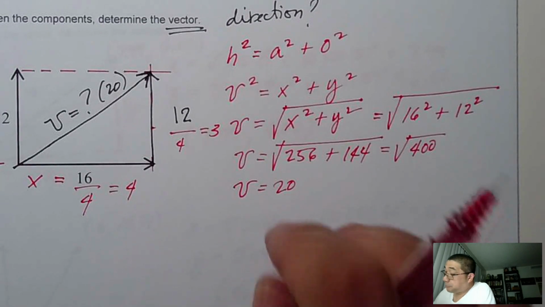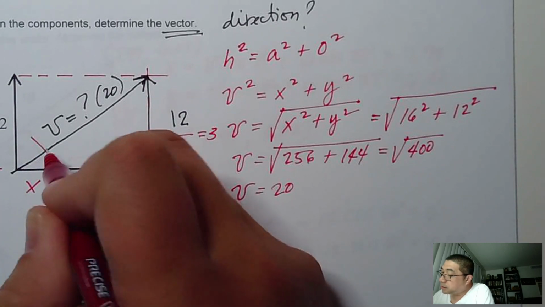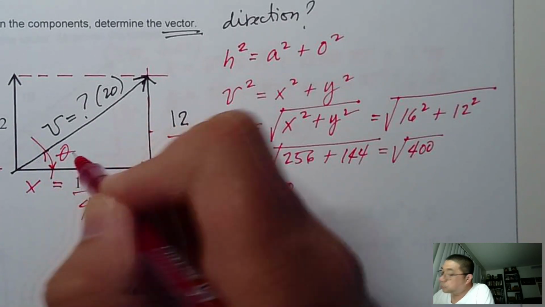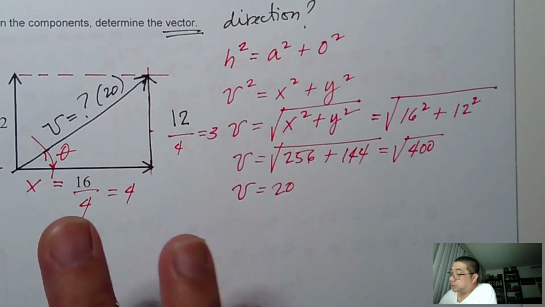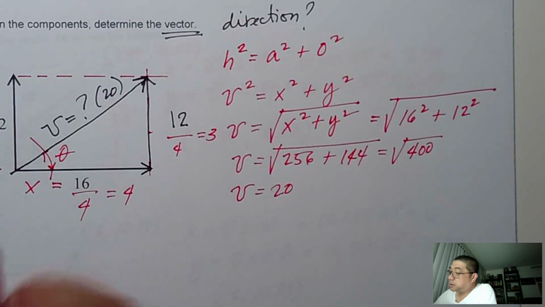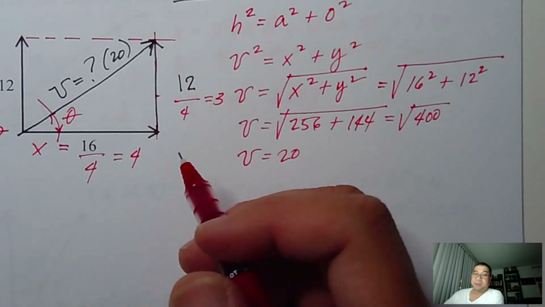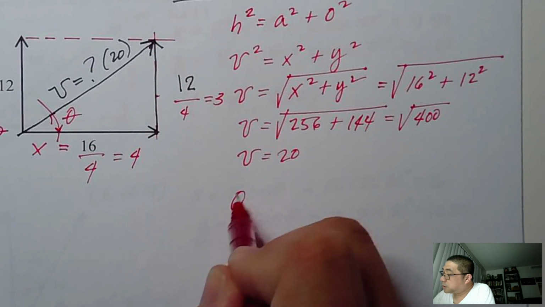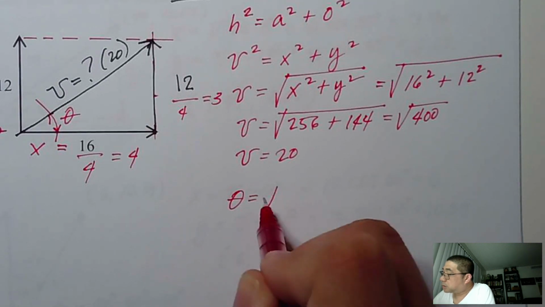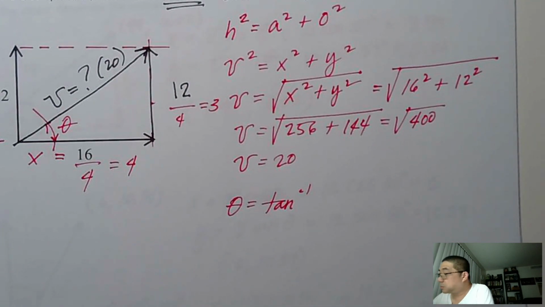5. Now, how about direction? So what is the direction all about? That's simply the angle, theta. So if we know our opposite, we know our adjacent. That is what we call TOA in the trigonometry function. So therefore, in order to figure out your angle, simply theta is the arctangent. So we're using tangent all the time because we know the x and y components.